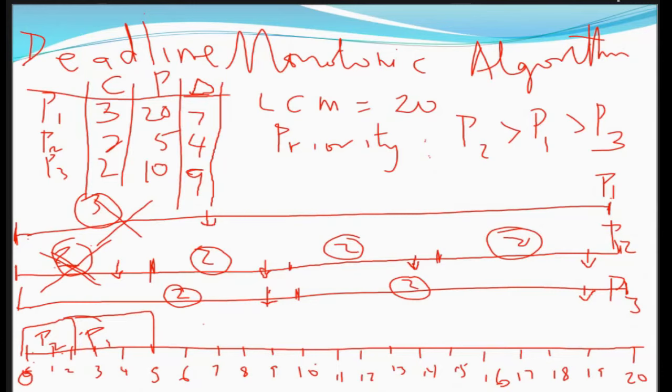So we go P2. So now you realize that P2 is done, so this cycle is gone. Now P3 is the only one active here. Is that not so? So P3 goes 2. Is that not so? Yes, and then P3 ends exactly at the deadline. Do you get it, guys?